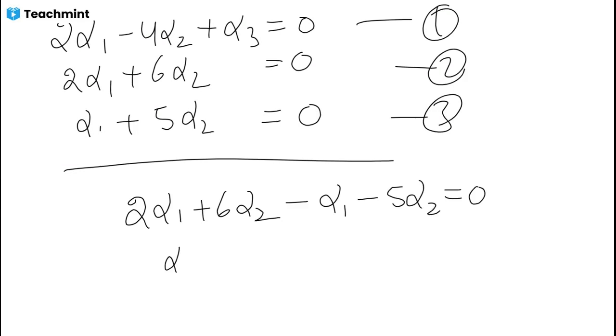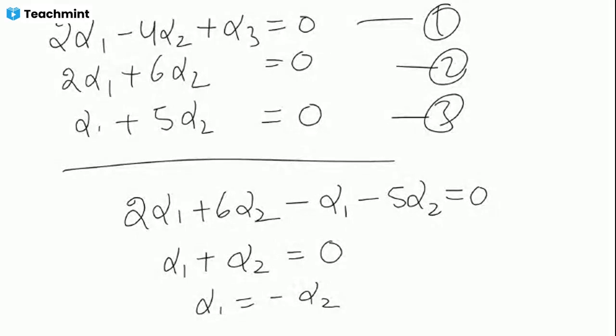So here we have alpha 1 plus alpha 2 is equal to 0, and alpha 1 is equal to minus alpha 2, and we can put this in any equation to find the other values. So let us put this value in the first equation.